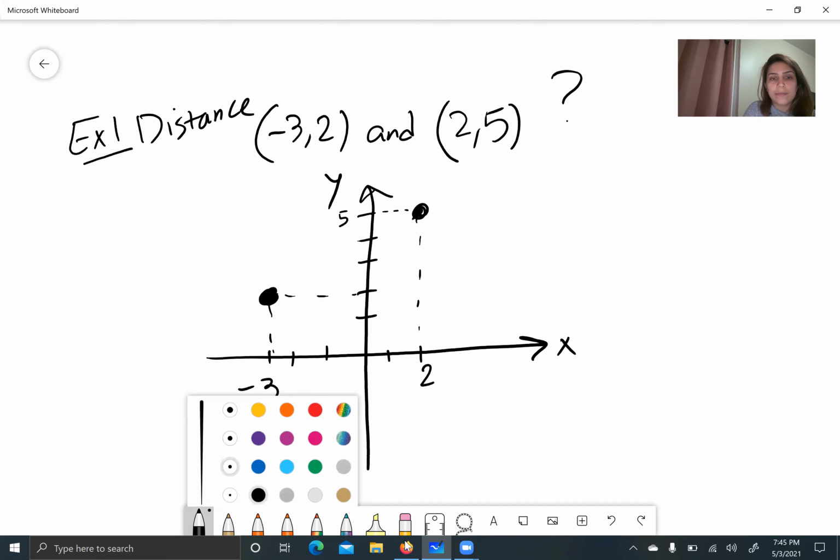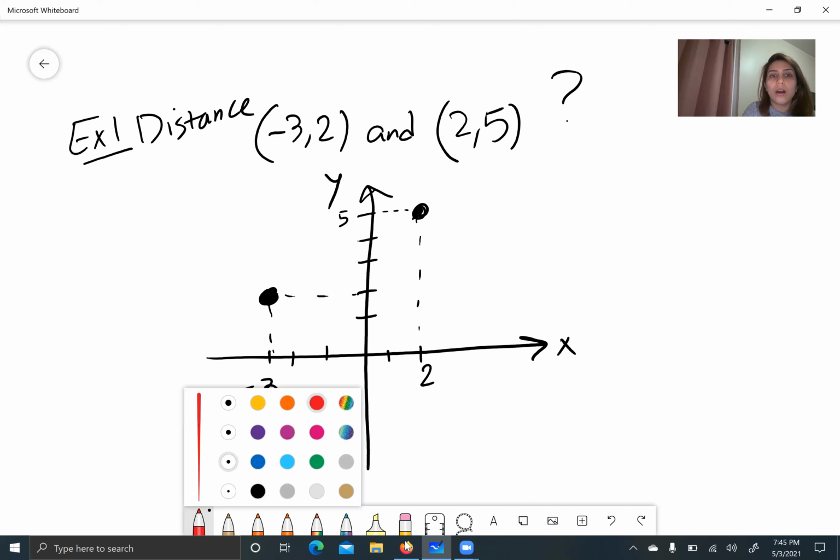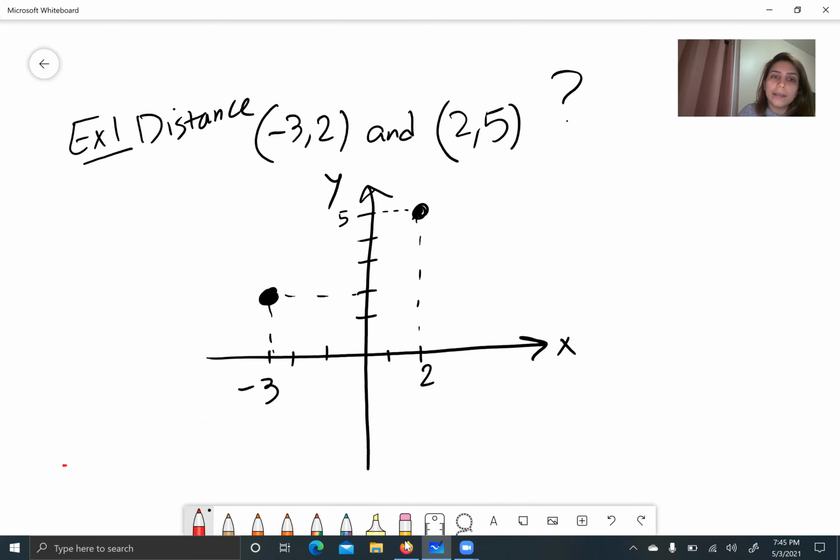And the question is, what is the distance? We can draw the straight line that connects these points, and whatever is the size of this side, it's going to be the distance.